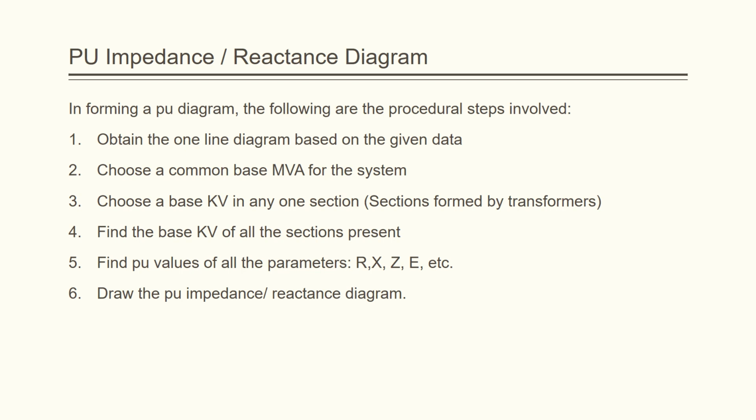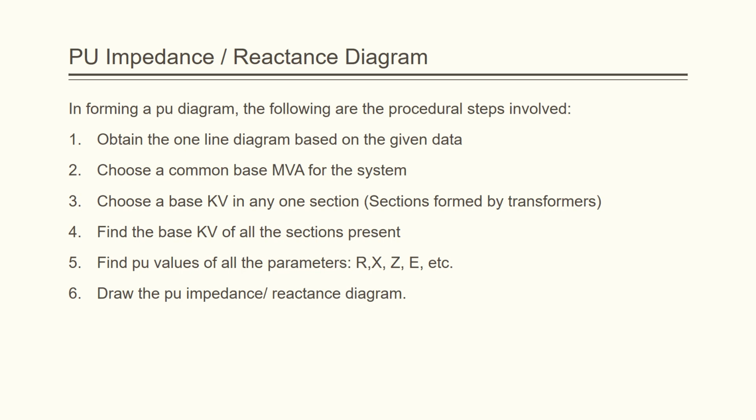The procedure to draw the reactance diagram is as follows. The steps involved are: first, choose a common base kV and base MVA for the system. Divide the system into various sections of different voltage levels. Base MVA will remain the same for all the sections of the system.